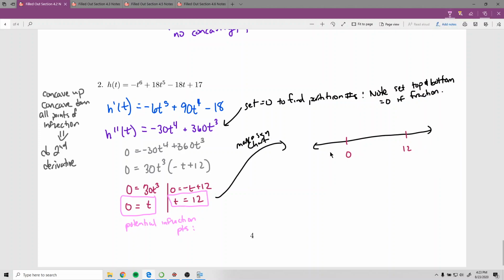And then we want to plug in numbers in each interval to check what sign it is. So we can plug in -1, we can plug in 1, and we can plug in 13 to the second derivative.